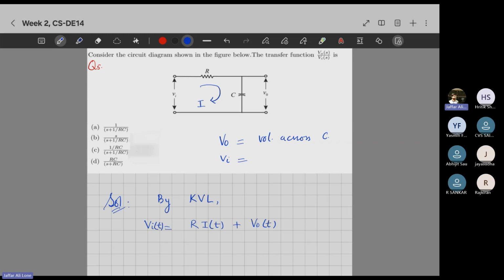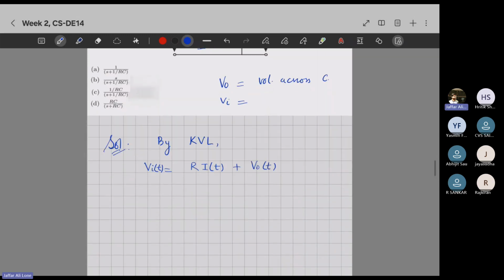Now I have to find the transfer function, and for that I need to take the Laplace transform. I have Vo here and Vi here, but there is a problem created by Ri.